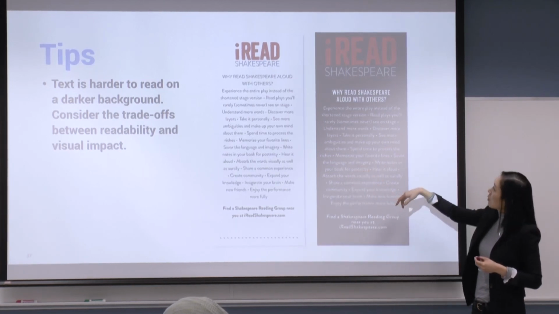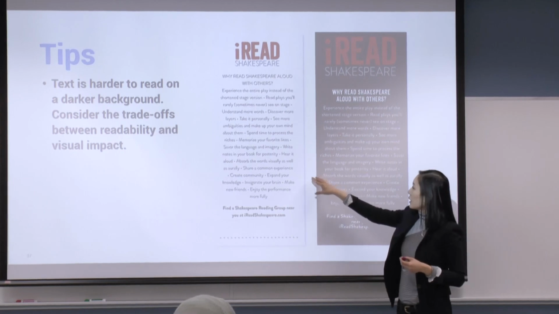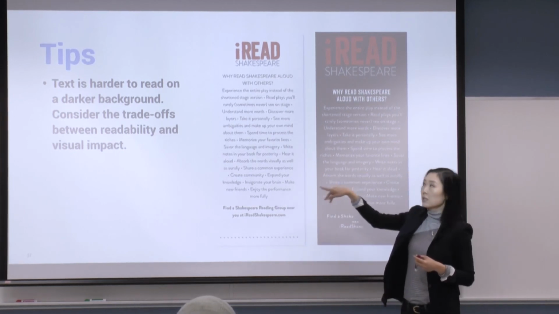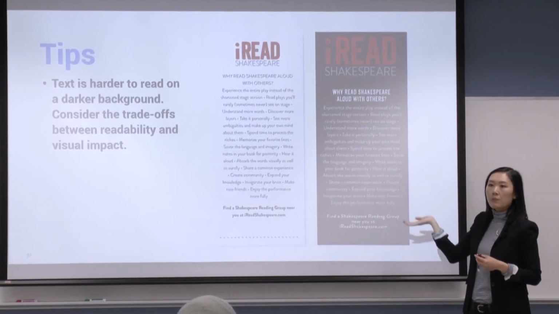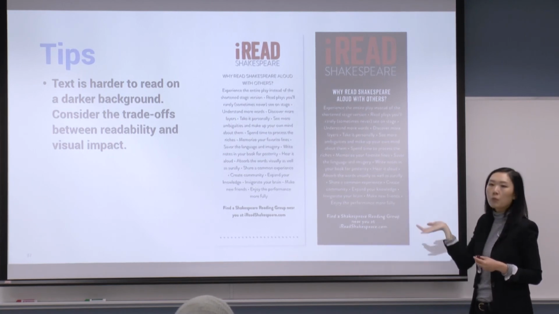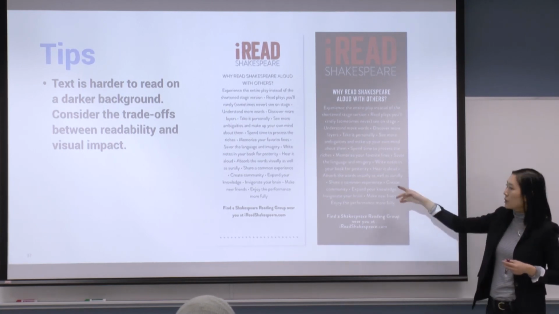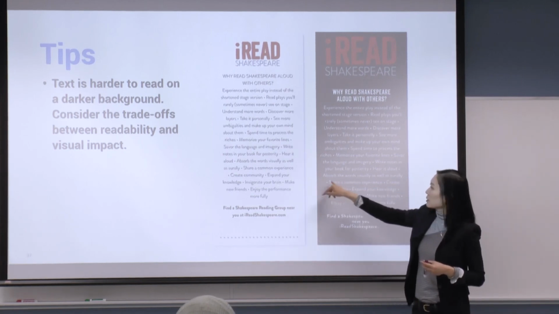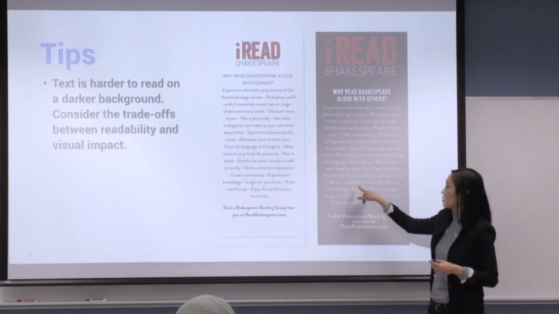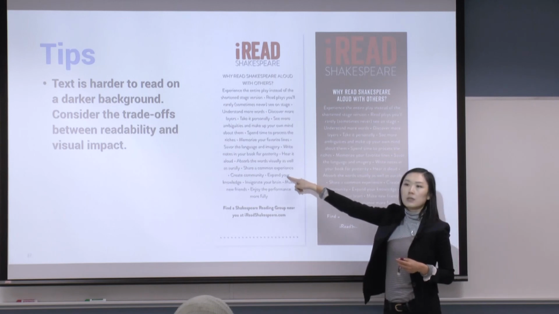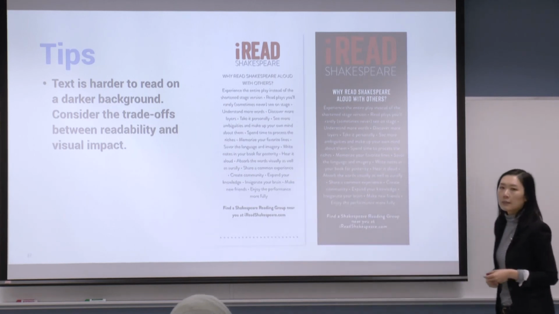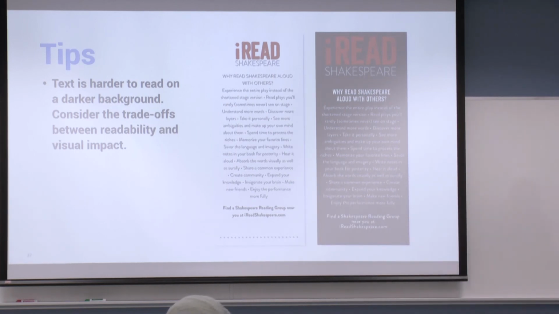So in general, if you're using the exact same weight on a dark background, bump up the weight of the font a little bit to make it a little bit bolder, because it will always look thinner. Like this is set exactly the same way, but this will probably look a little bit thinner than the black text. So there are different ways you can accommodate for it.